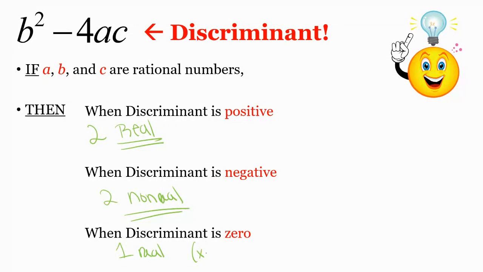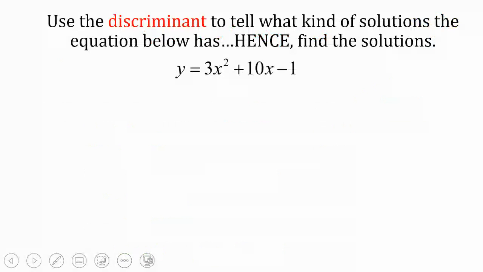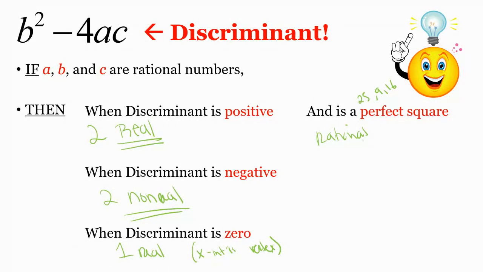And your x-intercept is actually going to be the vertex, right? So you can tell a lot of things through this reasoning. You can also tell what it means if it's a perfect square. So meaning if it's positive 25, or if it's positive 9, or if it's positive 16, it's going to be rational. Oh, sorry. If it's not a perfect square, it's going to be irrational.